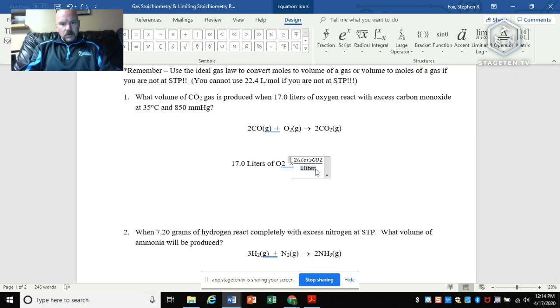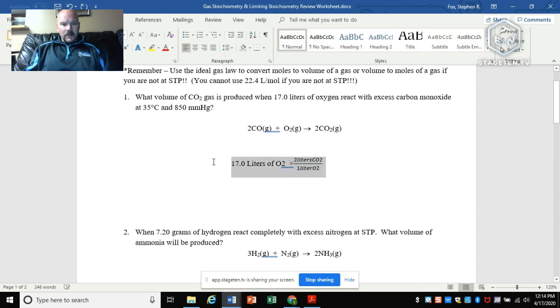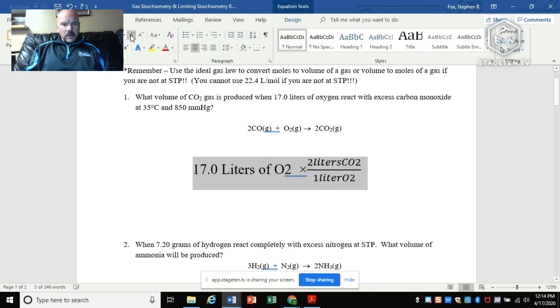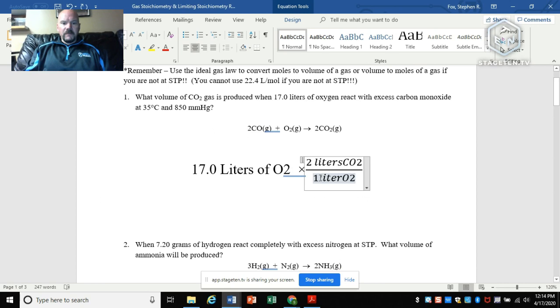That ratio is the same as the mole ratio from the coefficients in the equation. As long as you're going from volume of a gas to volume of another gas, and they have to be gases, you can use the coefficients in your balanced equation as the mole ratio.